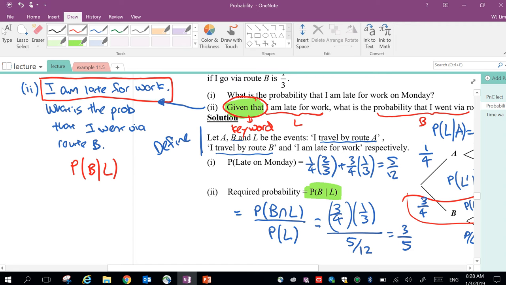It means given that you're late for work, what is the probability you went via route B? Clear about that? Please take this down because you will encounter this kind of question. This part 2 and that part 2 are the same. It means they want you to find the conditional prob. Is this clear?